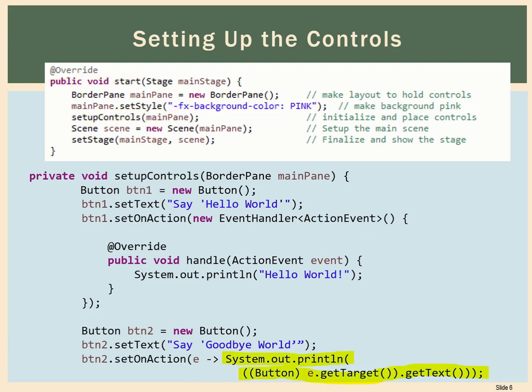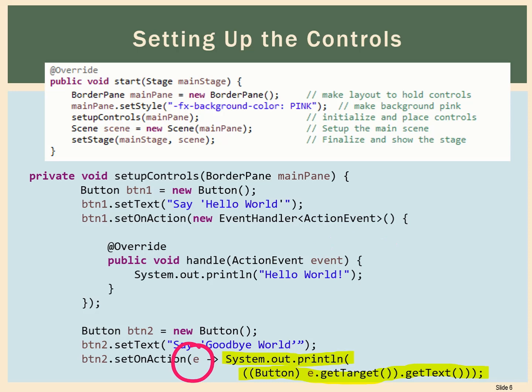Now let's look more closely at the action of button 2. The right-hand side of my lambda expression is doing a System.out.println. That's fine. Very simple action. But notice that it is taking advantage of e. e was the input. e is basically the action event that came in. And with e, with this event, I can use its methods.